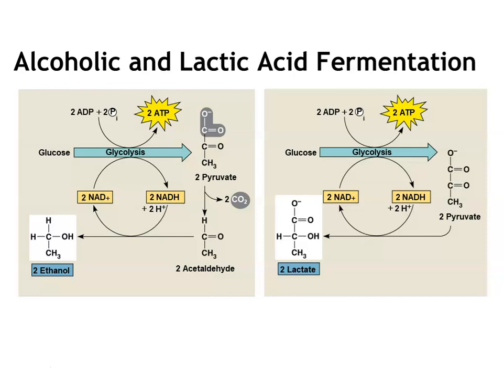But in this case, it turns it into acetaldehyde, and then the acetaldehyde is reduced further into ethanol and reforms the oxidized electron shuttle, NAD+. While in lactic acid fermentation, the pyruvate molecules go straight through and they form the lactate. You can see how there's just a slight change in the structure between pyruvate and lactate, but that slight change allows the NADH carrier to be oxidized again.